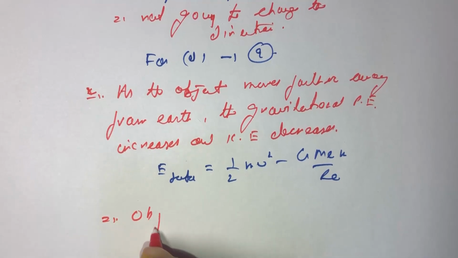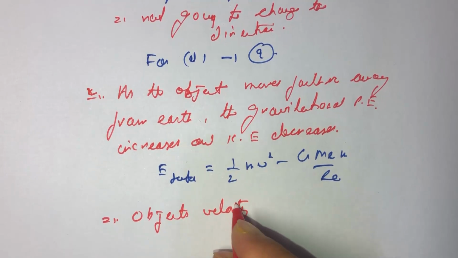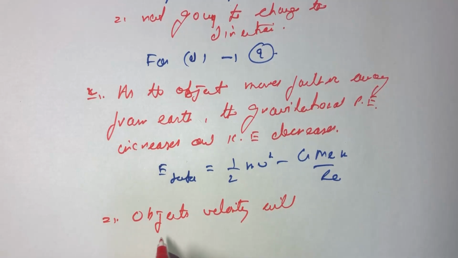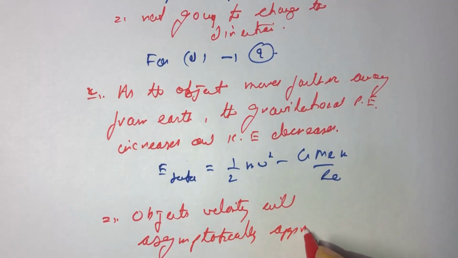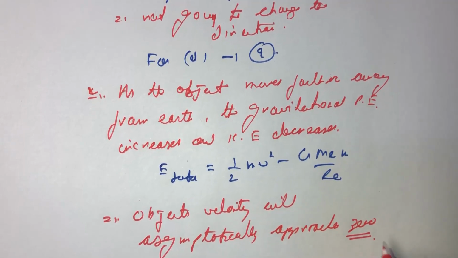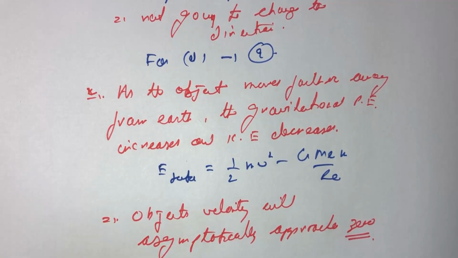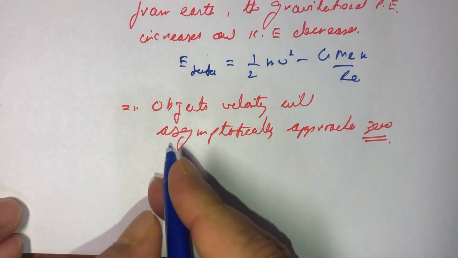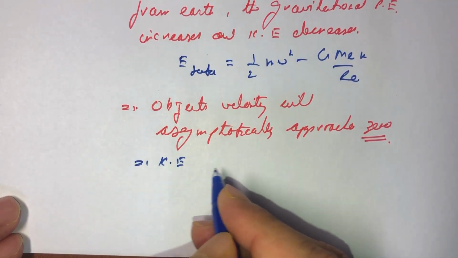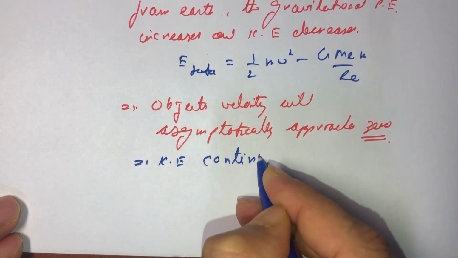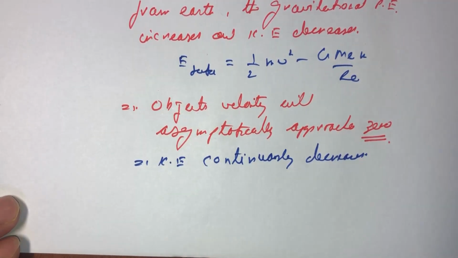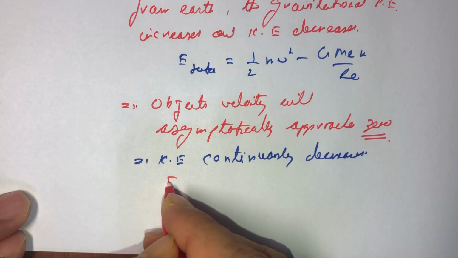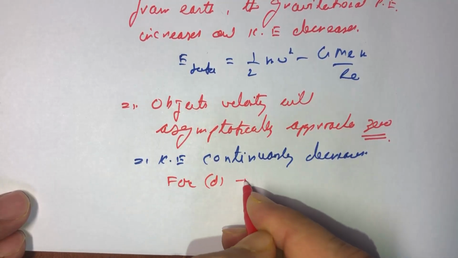So the kinetic energy continuously decreases. So one of the options for D is R also.